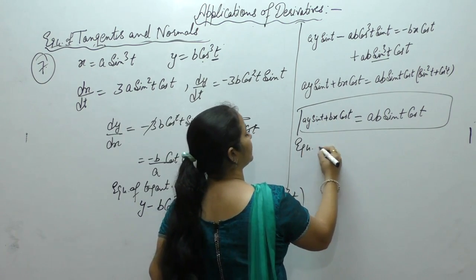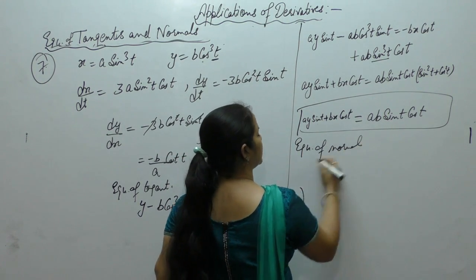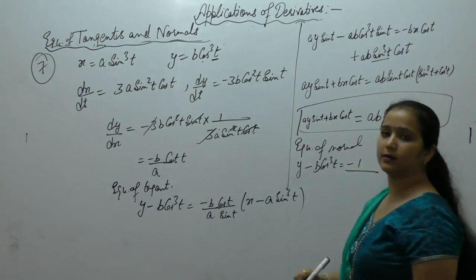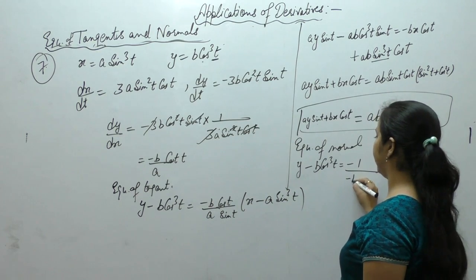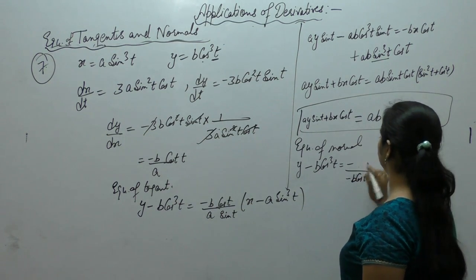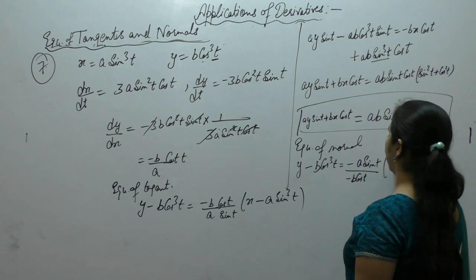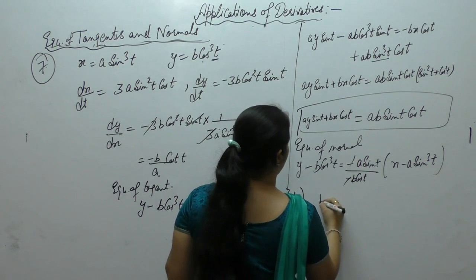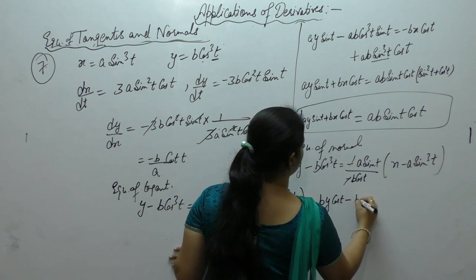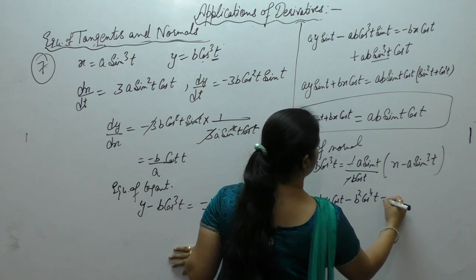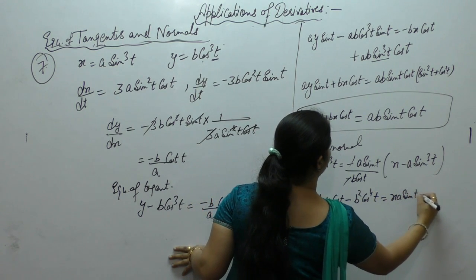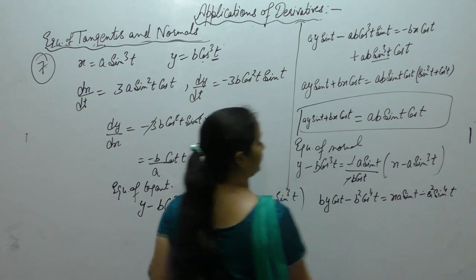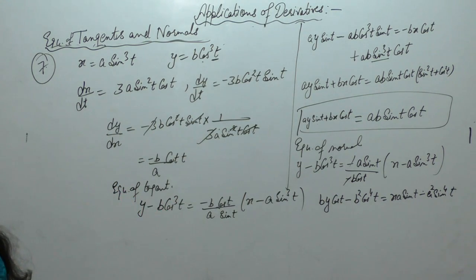Now we want to find the equation of normal. Equation of normal, y minus y1 equals minus 1 upon m, where the slope of tangent is minus b cos T upon a sin T, x minus x naught. a sin cube T, multiply by cos T minus b square cos 4t, x a sin T minus a square sin 4t.